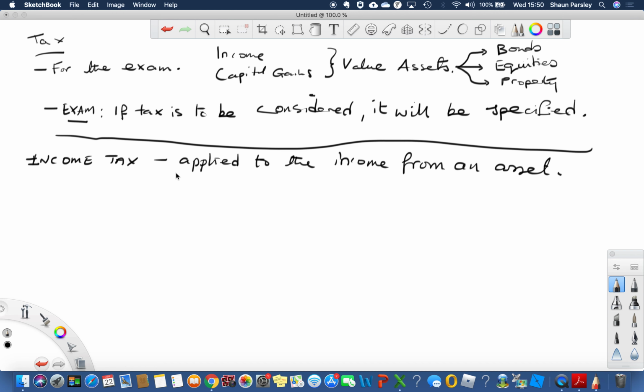So for bonds, it could be coupons. For equities, it's dividends. And then for property, it can be rental income. It's expressed as a rate, say T1.